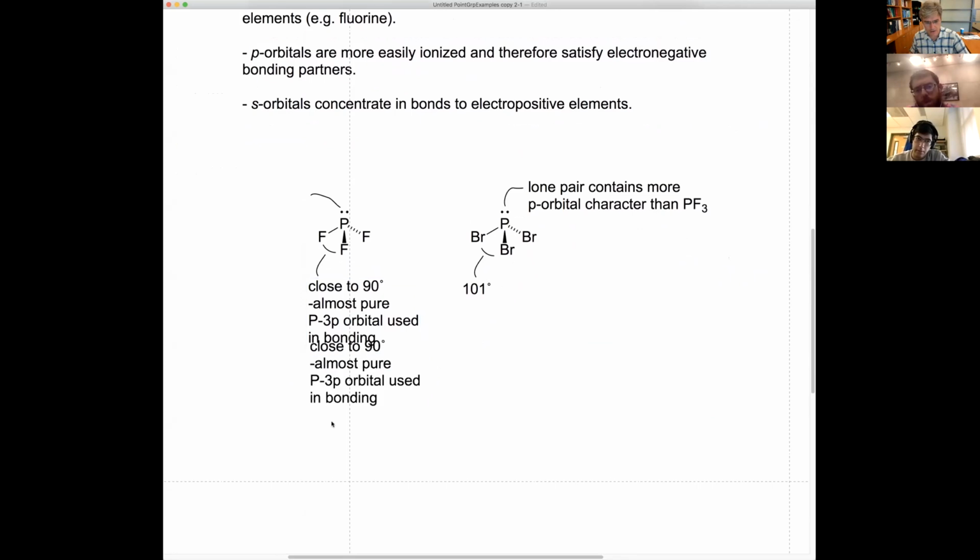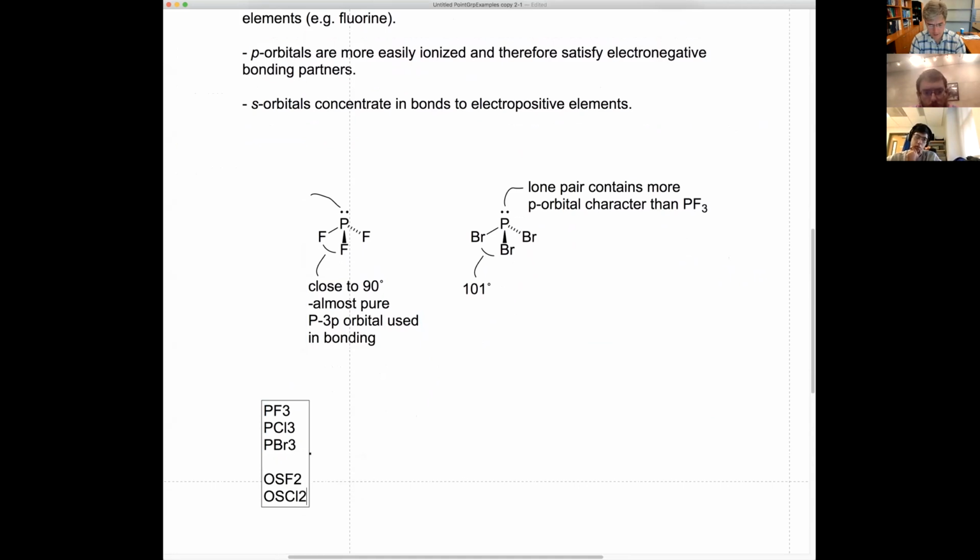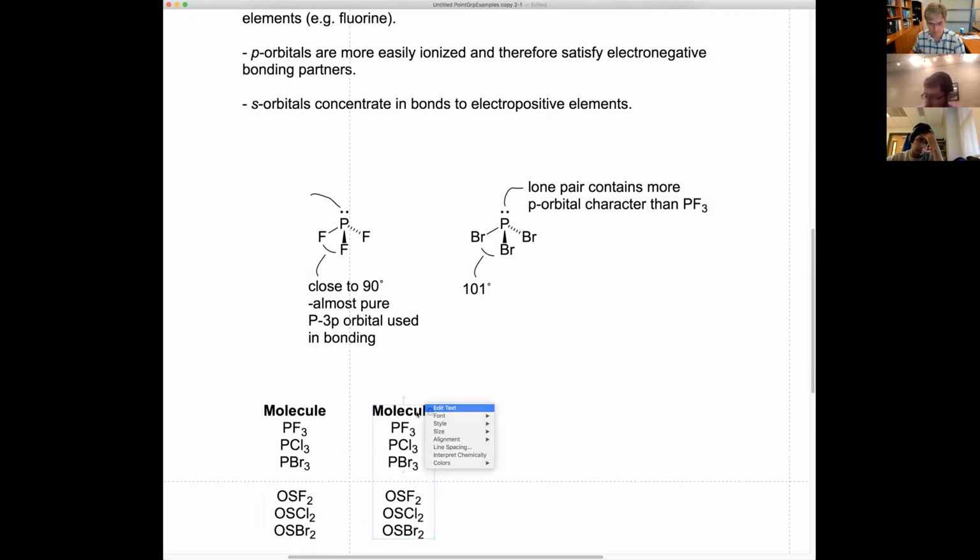All right, so if you look at the halogens, and thionyl fluoride, chloride, and bromide, you get really well-defined trends here.